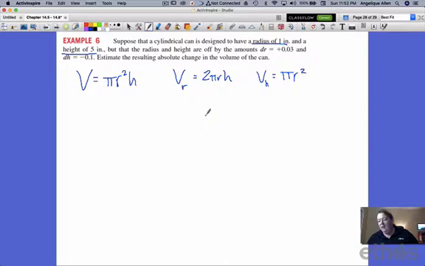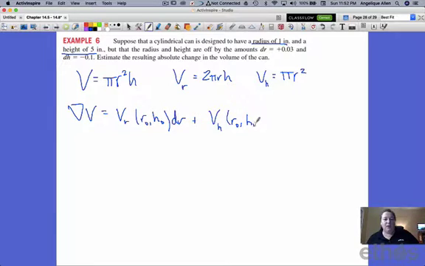So we have the differential of v is going to be v sub r evaluated at r naught, h naught, and v sub h, oh, excuse me, let me take that back. I left off the differential, times dr, and then the partial derivative with respect to h, evaluated at our initial point, times the differential with respect to height.